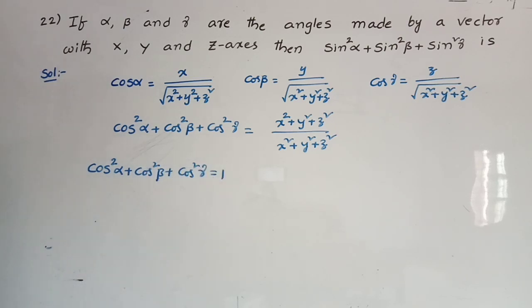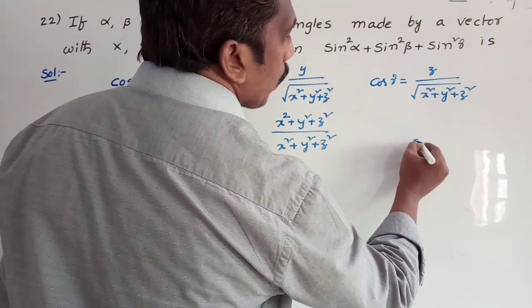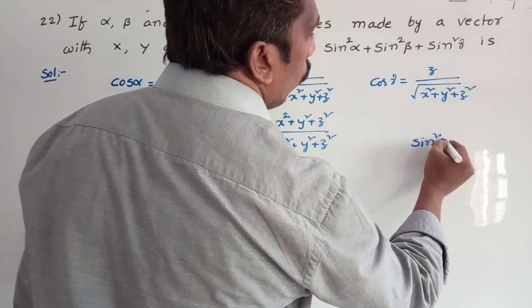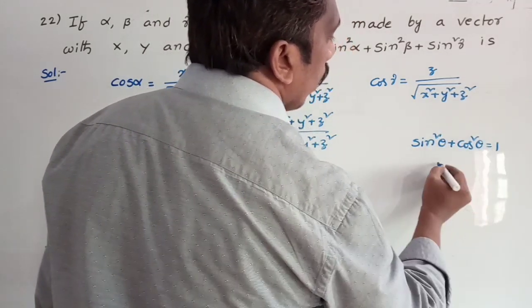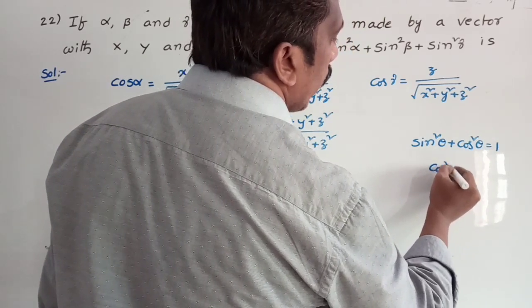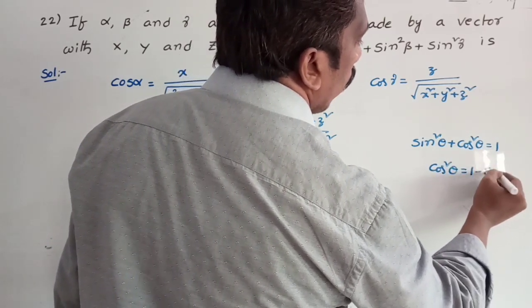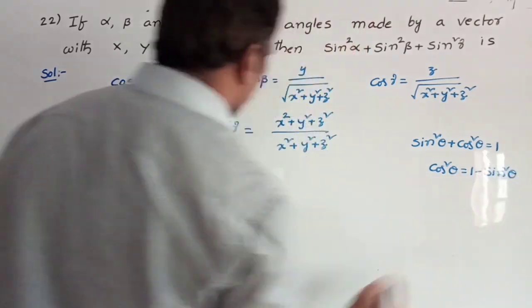But we know sin square theta plus cos square theta is equal to 1. From this, cos square theta we can write as 1 minus sin square theta.